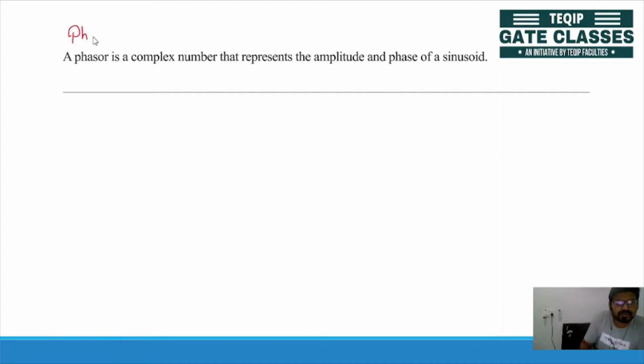So a phasor is a complex number that represents the amplitude and phase of the sinusoid. Okay, so how do we represent a complex number? Let's say z is equal to x plus jy, and this is the rectangular form of a complex number, where this j is nothing but root of -1, the iota.